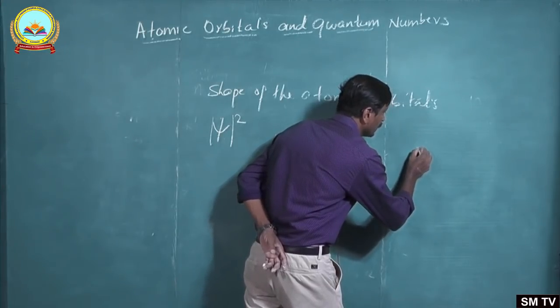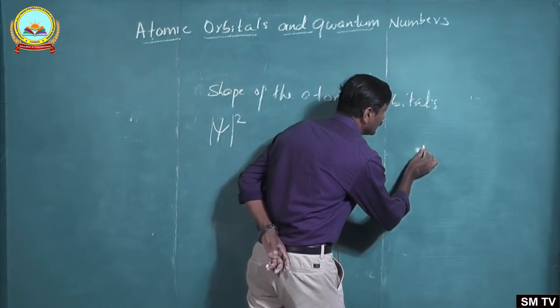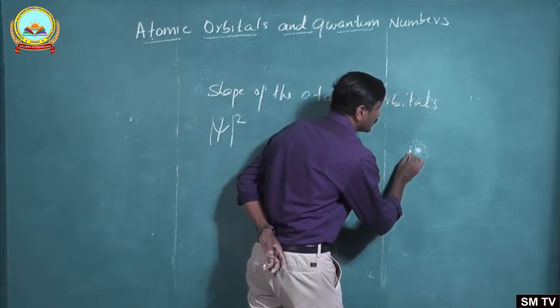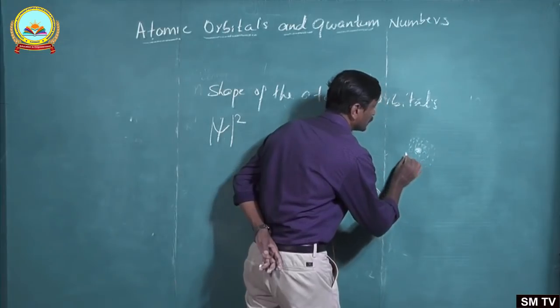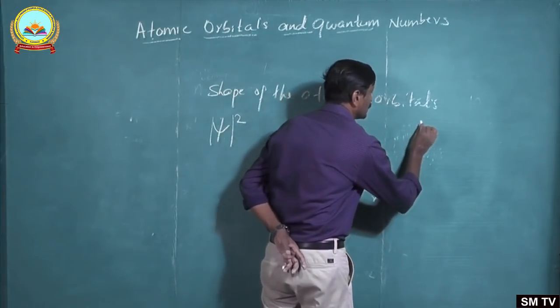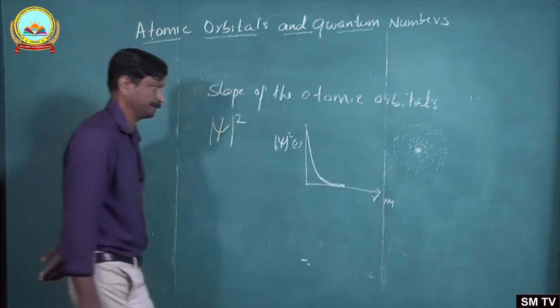After that the electron density goes on diminishing. See, like this. So it does not end, it is like this. This is the 1s orbital.